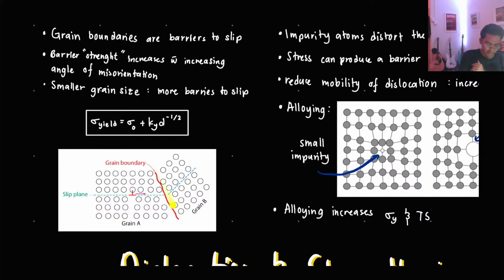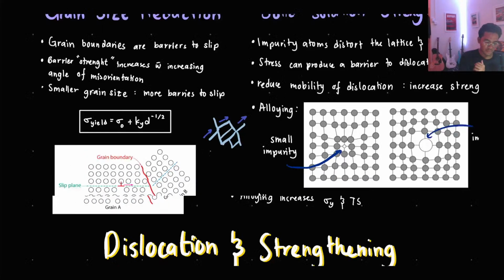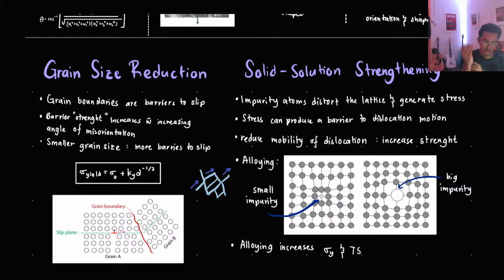This is one example of a grain boundary. If you have multiple grain boundaries, it will be harder for the material to deform in a certain direction. That is what makes the material stronger. So that is grain size reduction.